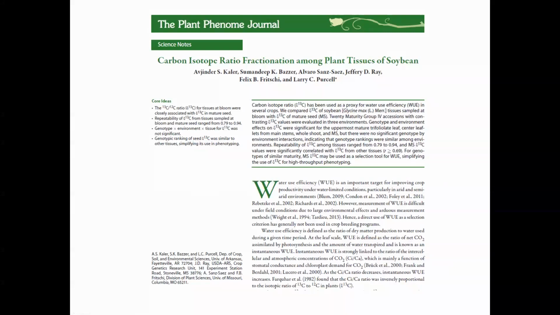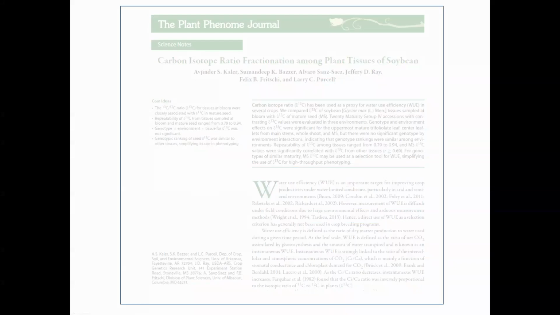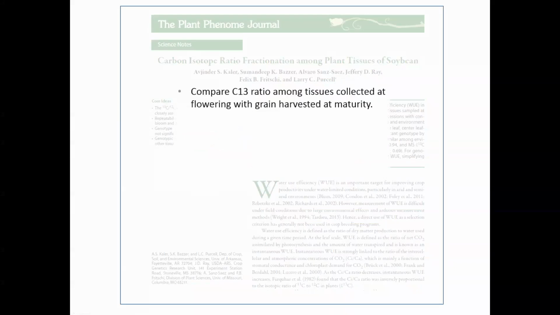The objective of our research was really quite simple. We were interested in comparing the C13 ratio among tissues collected at flowering, as has traditionally been done, with grain harvested at maturity.